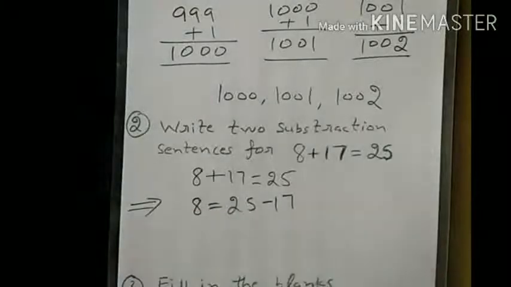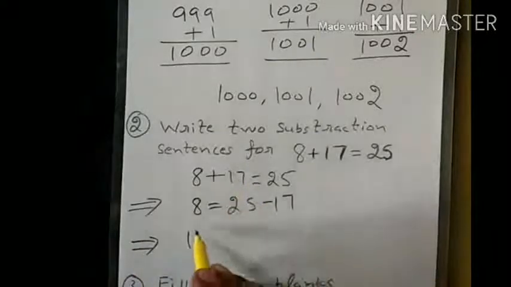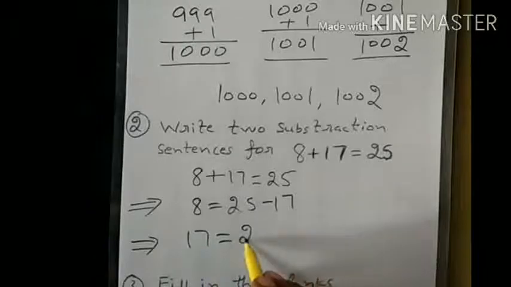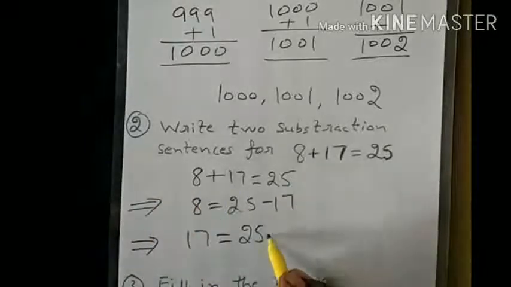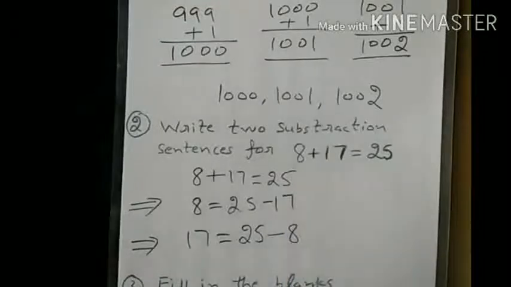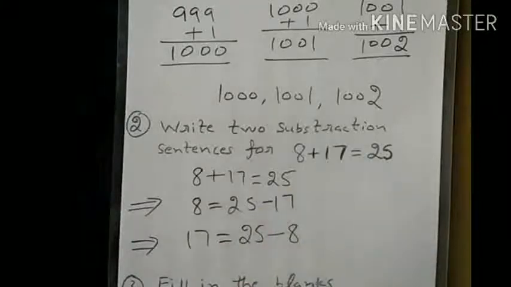Is it true? Now, another thought is, how can I get 17? 17 I will get by subtracting the smallest number from the greatest one. So, these are the subtraction statements for the given addition statement.